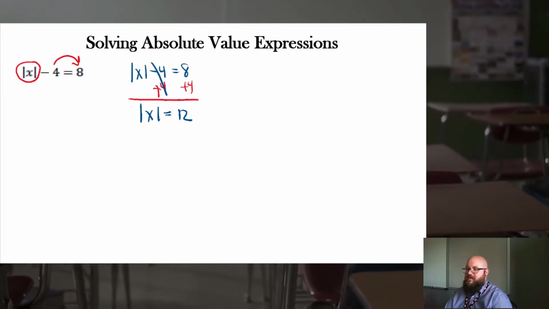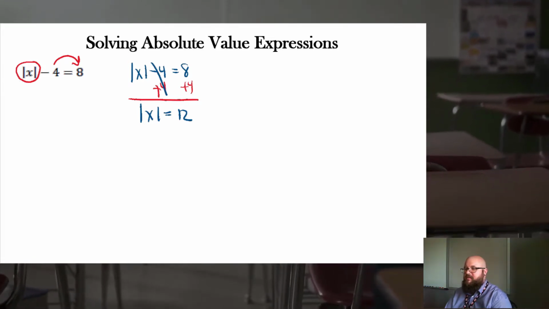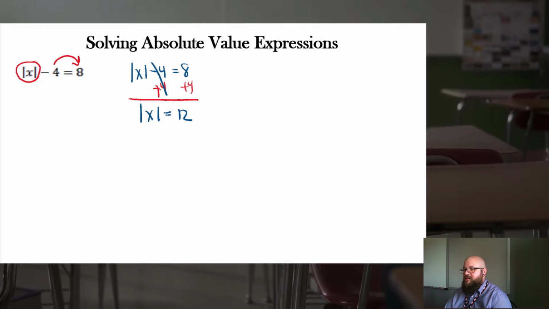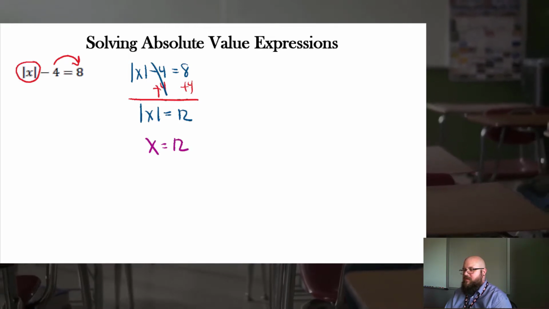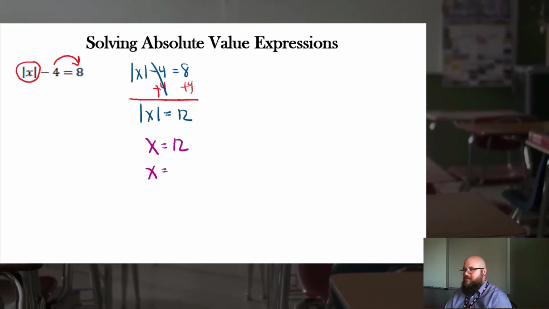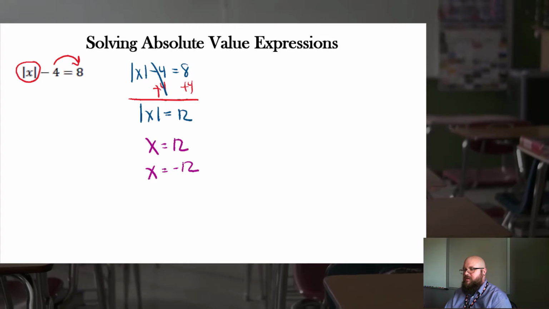So now it looks almost like our very first problem where we had the absolute value of x equals 6, right? So this is saying we could have x equal 12 or x equal negative 12.